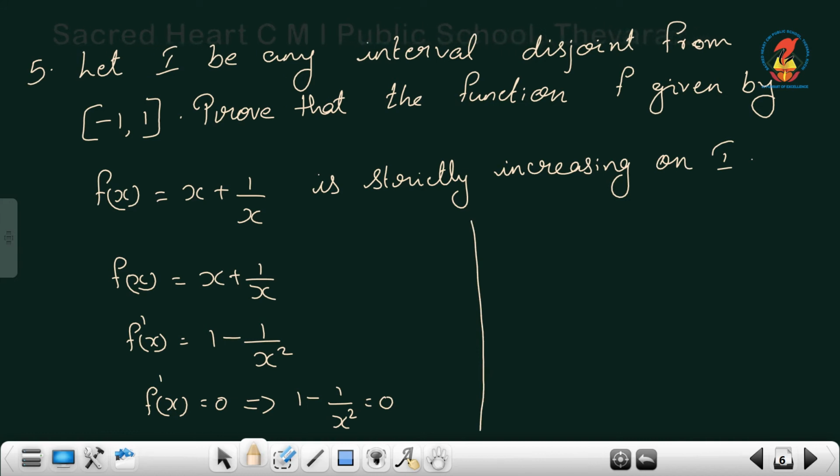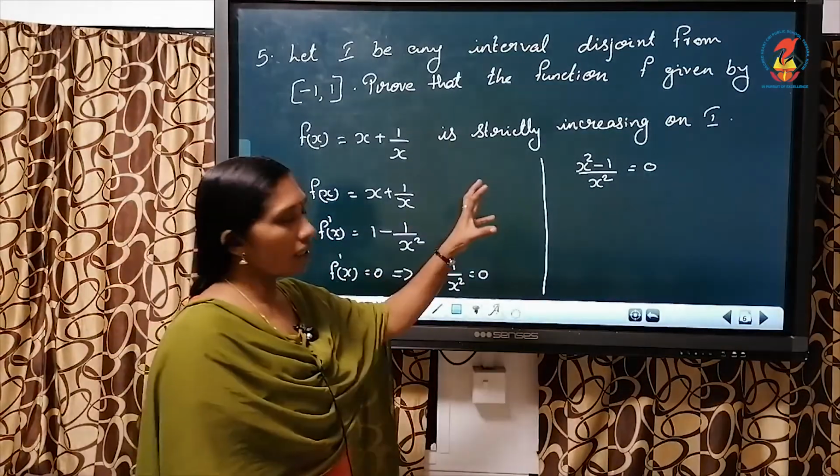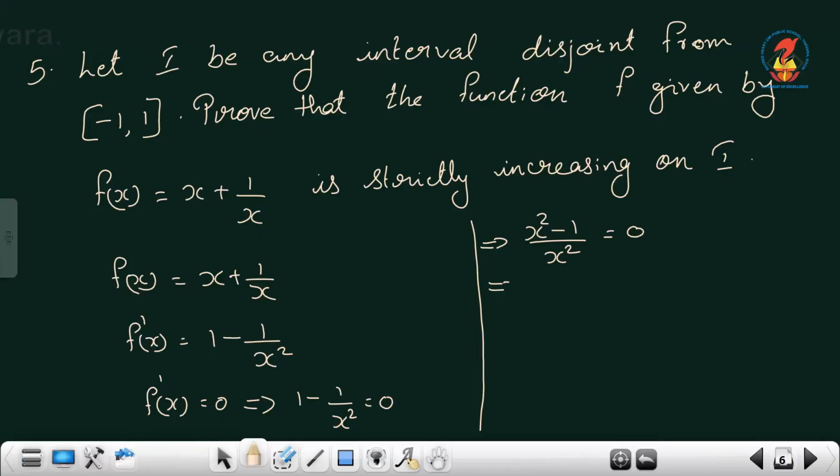Or taking LCM, x square minus 1 by x square equal to 0. That implies the numerator is 0. If the numerator is 0, the total quantity is 0, which implies x square minus 1 is 0. So, what is the value of x? x is equal to plus or minus 1.